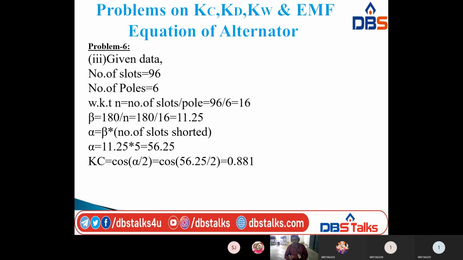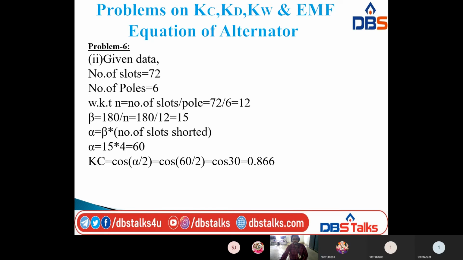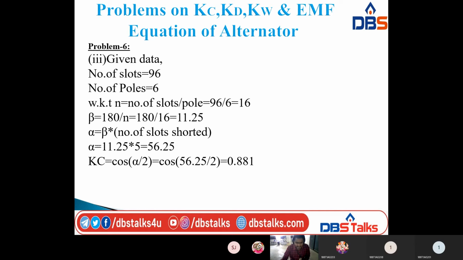In the given problem, they given the coil span, that is 1 to 12. Subtract 12 minus 1, we get 11. Here the pole pitch value is 16, so 16 minus 11, we have 5.